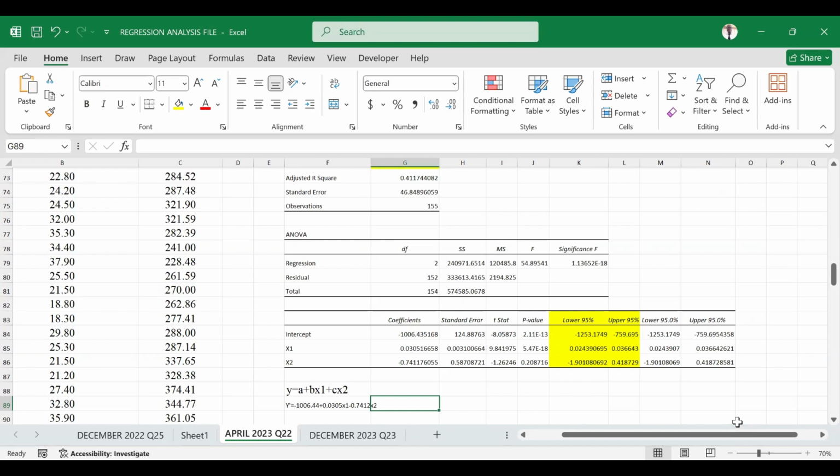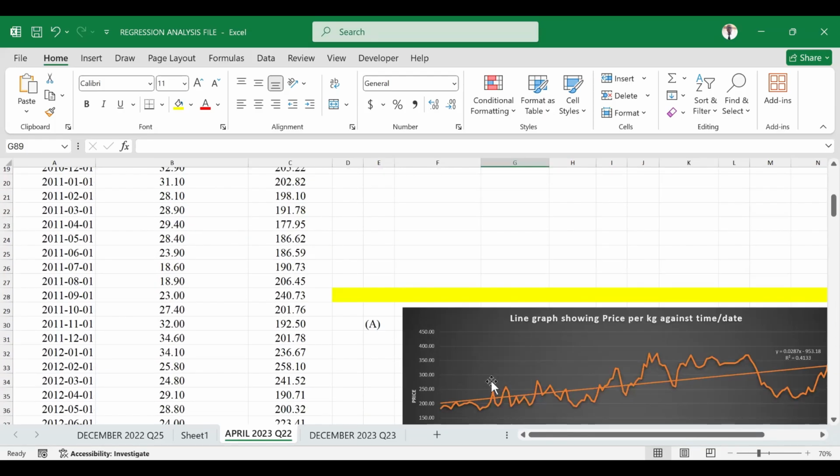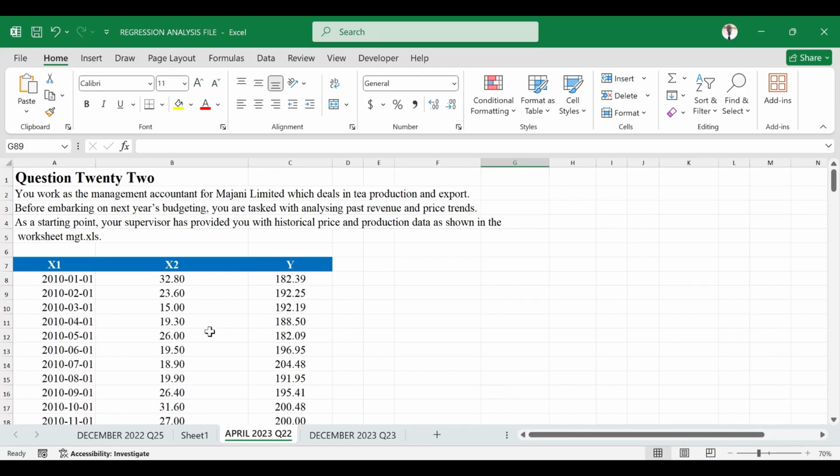Once you know how to play around with that, whenever you are running the regression analysis and you include the title, like in our case, we renamed the date to be X1, we renamed this to be X2, to represent the other variable. Then we also renamed, I think this was price, to be Y. Once you are running your regression analysis and you include the title, make sure you mark the option to include labels on that pop-up window before you run the regression analysis.